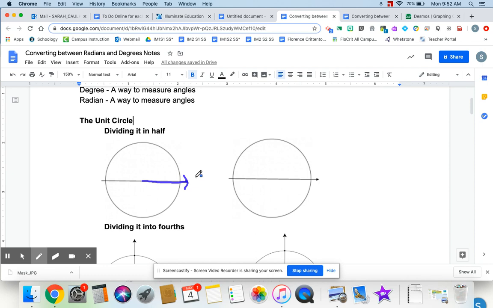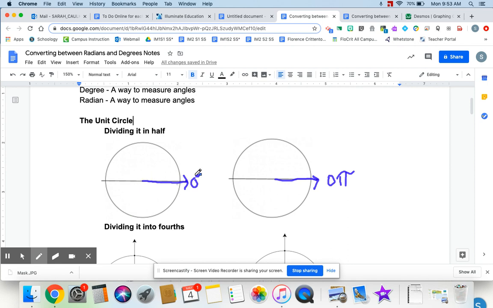And so if I start in degrees, it's at 0 degrees. And if I start in radians, I'd be at 0 pi, because I have no pi's.